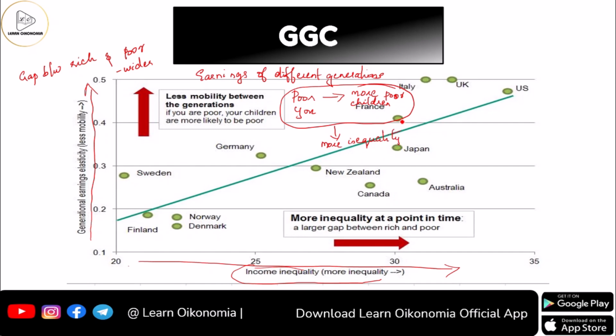Let me repeat the very same thing. If you are in a place with more inequality and if you are poor, your children are likely to be more poor. And this is what is established by the Great Gatsby Curve.